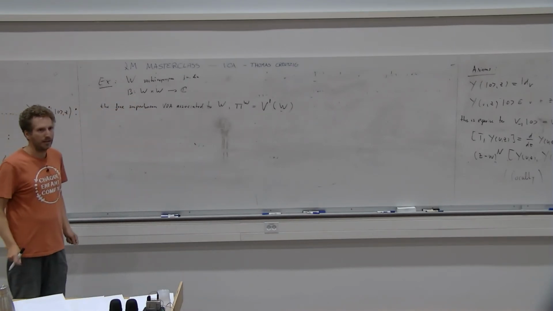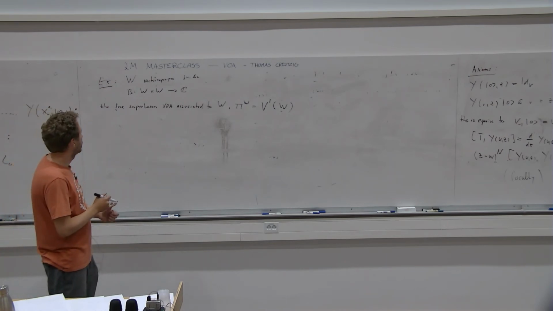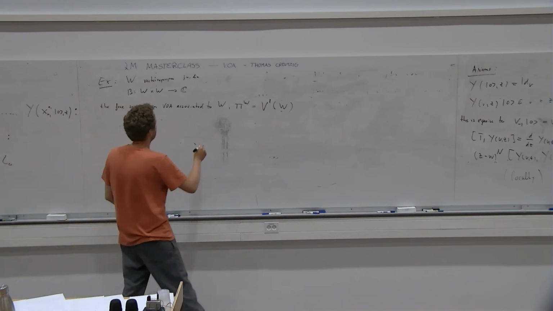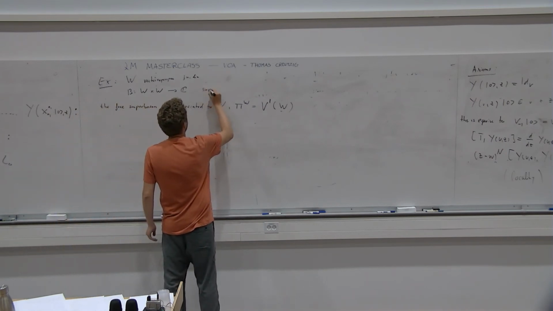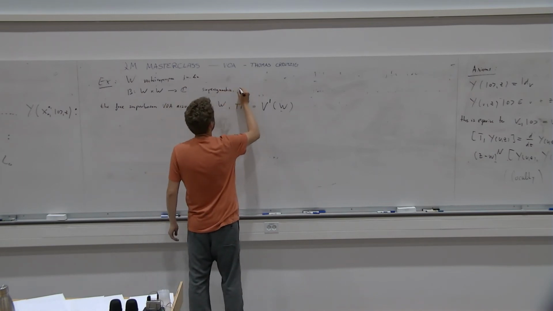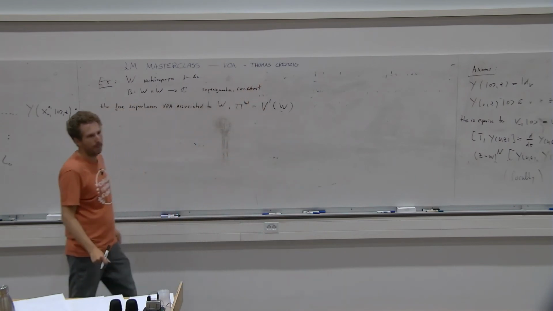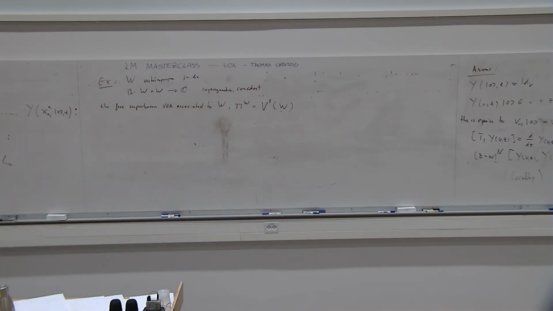So where V is supersymmetric and consistent, and it's automatically invariant. Yeah, consistent. B, indeed, I have to say it's supersymmetric. Invariant is automatic. So this is really not a new example.